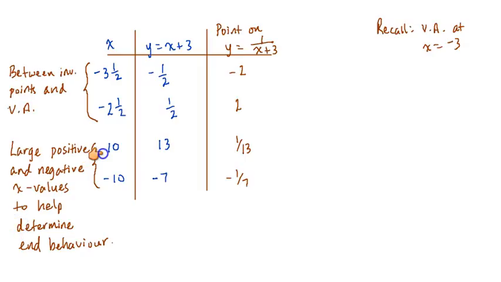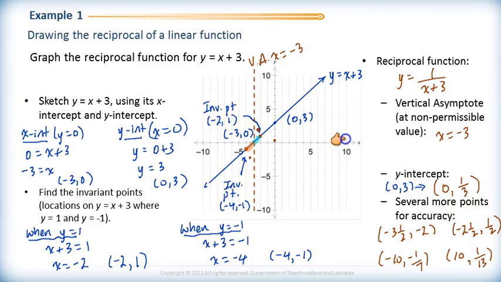They're the largest ones that our scale will really allow. So putting those values into y equals x plus 3, I get 13 and negative 7. Take the reciprocals to get points on the reciprocal graph. So 10 and 1/13 would be really close to the x-axis. It's a small positive. Negative 10, negative 1/7. Negative 1/7 is pretty close to the x-axis back here.